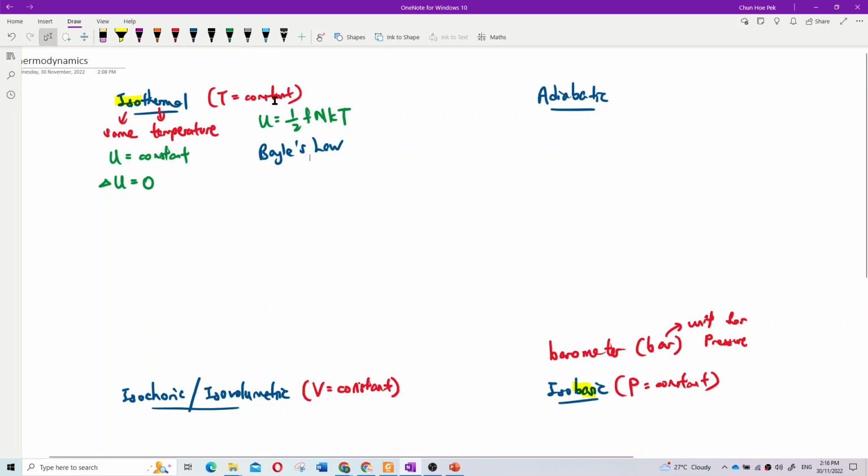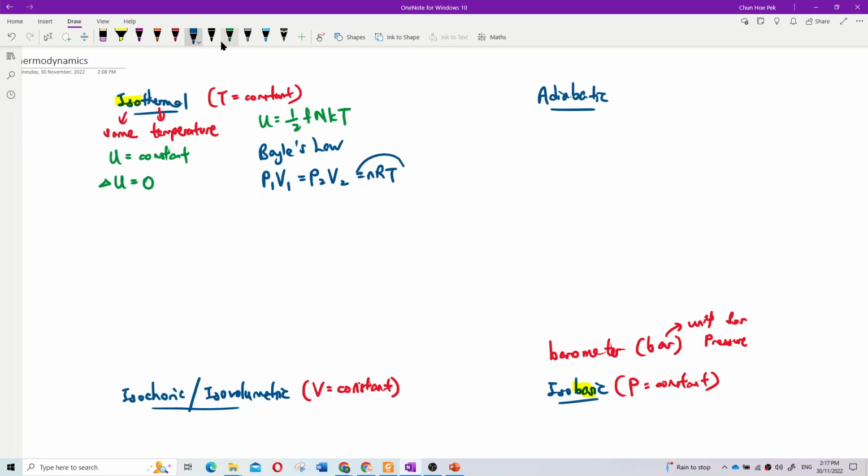When temperature is constant, you use this formula: P1 V1 equal to P2 V2, because they are equal to nRT, and this one is constant. Remember that? So the isothermal process is also Boyle's law. Because temperature is constant, the only things that change are pressure and volume.